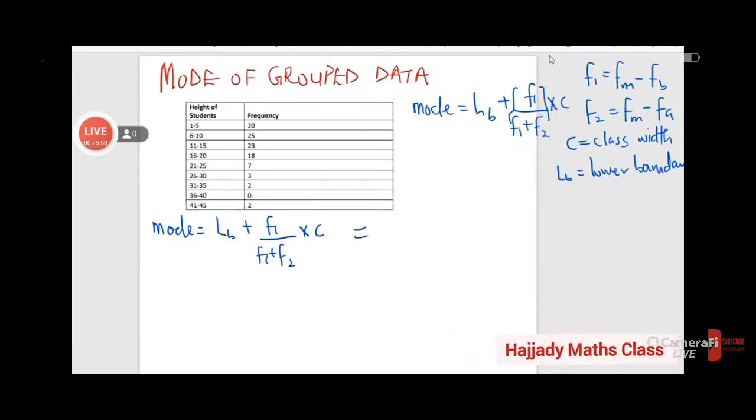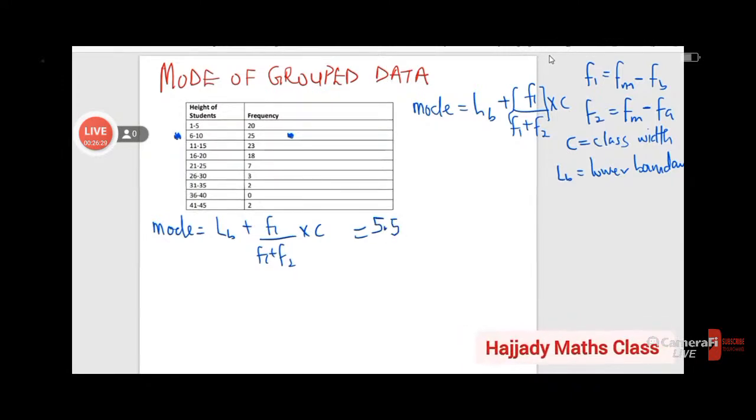The modal class is where you see the highest frequency, which is 25. So our modal class is 6 to 10, with frequency 25. To determine our lower boundary, we know the lower limit here is 6, so we subtract 0.5 from the lower limit, and our lower boundary is 5.5.